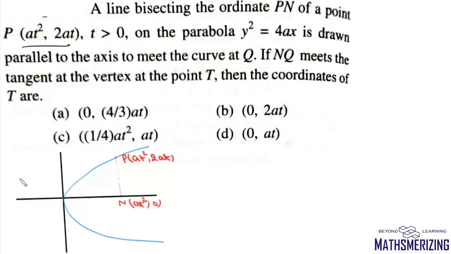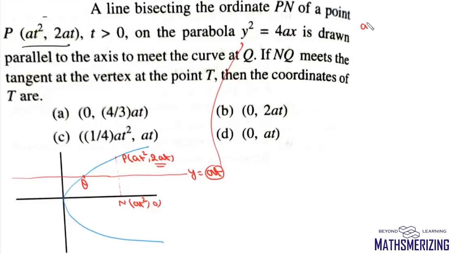Now a line bisecting the ordinate PN. So equation of this line will be y equals at. Now this line intersects the parabola at Q. So for this Q, we know y coordinate is at. So if y is at, we'll put the value of y, and then we'll find the value of x.